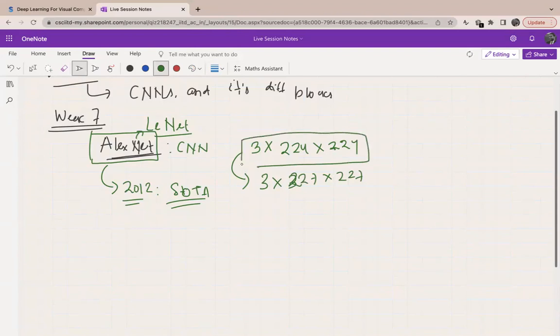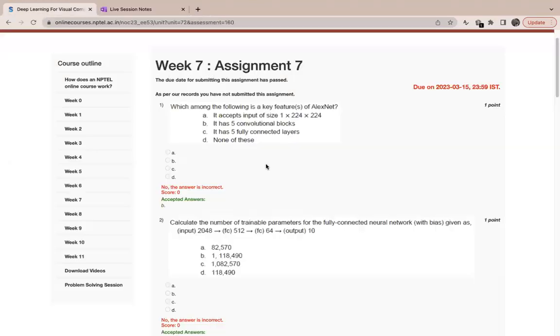So the input to AlexNet is an RGB image with 3 color channels. But here they have written 1 cross 224 cross 224. Hence, this is wrong.